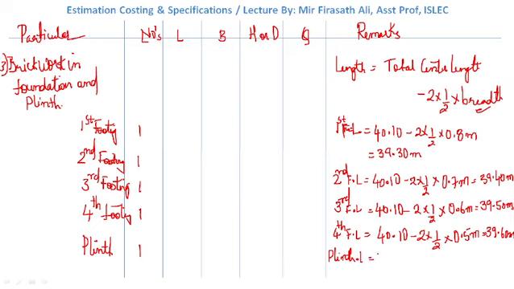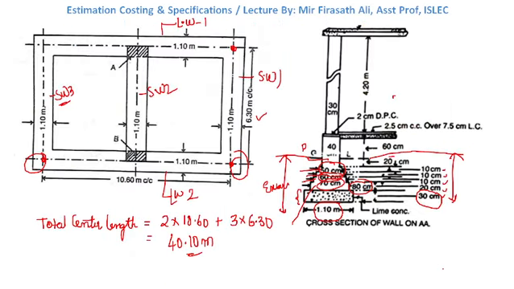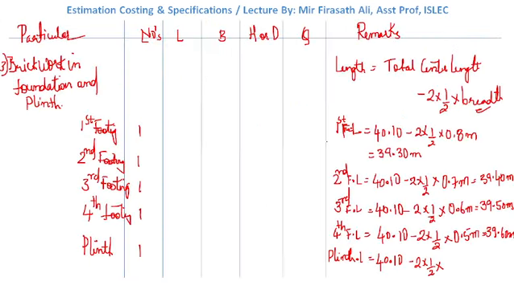Plinth length is equal to 40.10 minus 2 into 1 by 2 of the plinth breadth, which is 40 centimeter, 0.4, which stands as 39.70 meters.